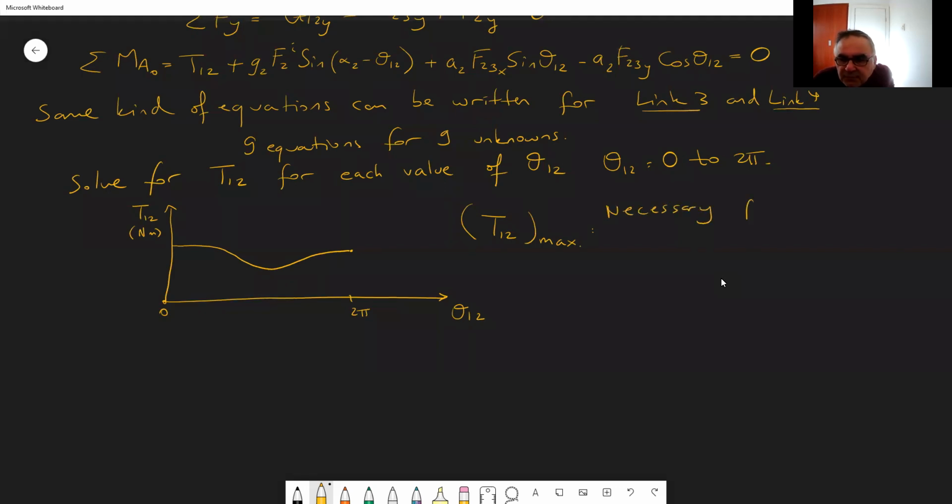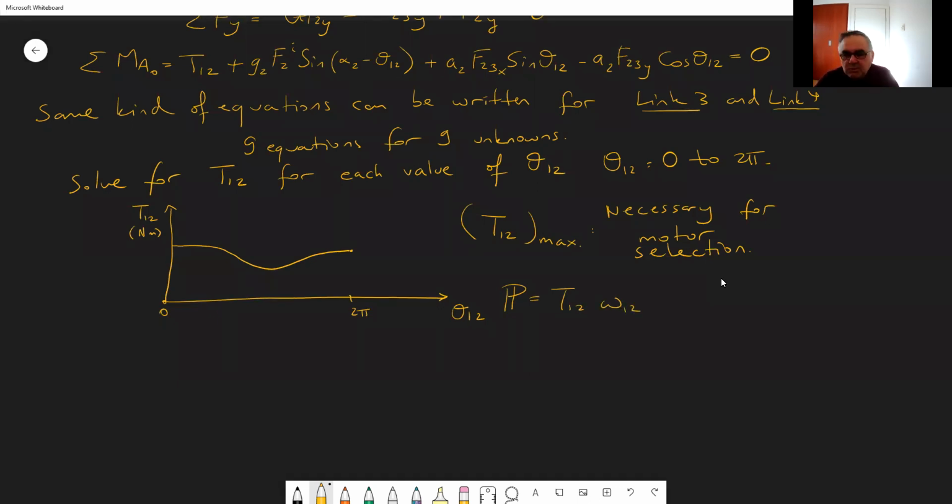it's necessary for, let's say, motor selection. Okay. In order to select a motor for the mechanism, you need to know the maximum torque required in your mechanism. And also the maximum power, for example, would be T12 times omega 12.